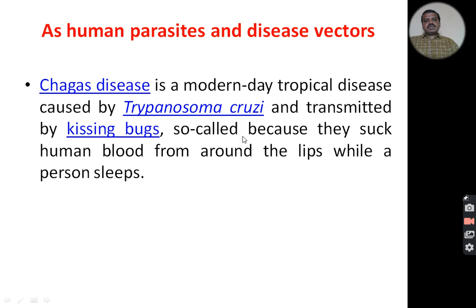They are called kissing bugs because they suck human blood from or around the lips while the person sleeps.